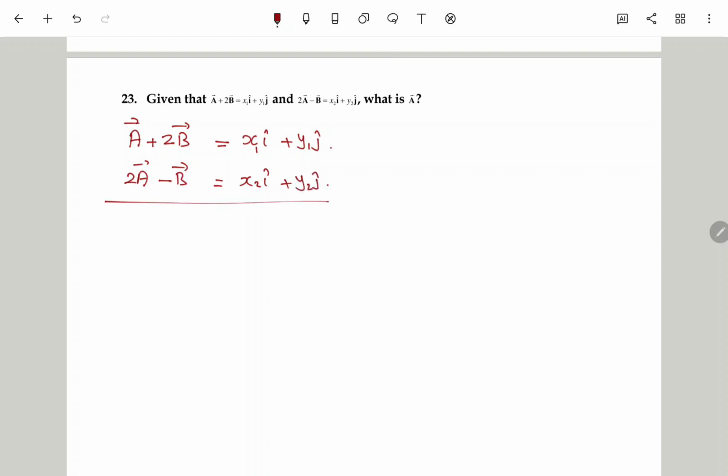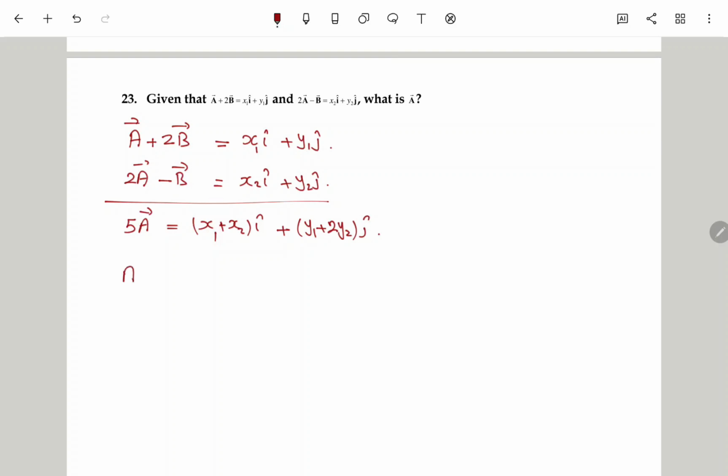If you add these two equations together (after doubling the second), you will find 5a equals (x1 plus 2x2) i hat plus (y1 plus 2y2) j hat.